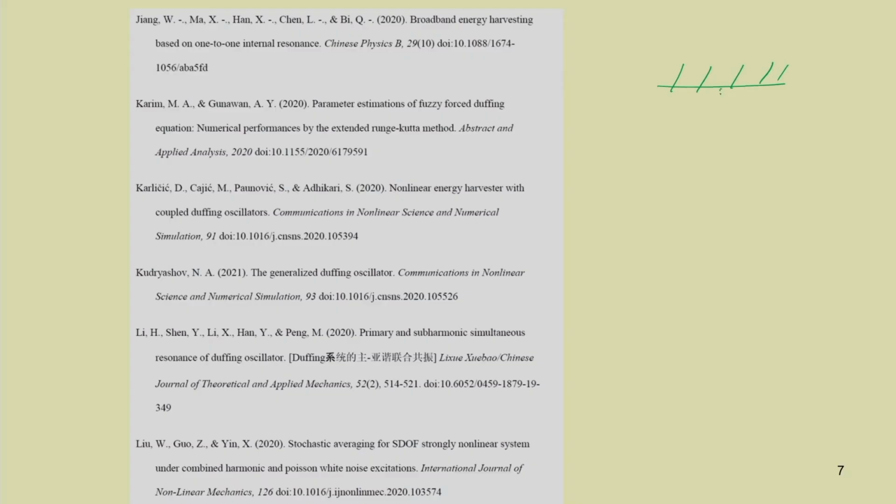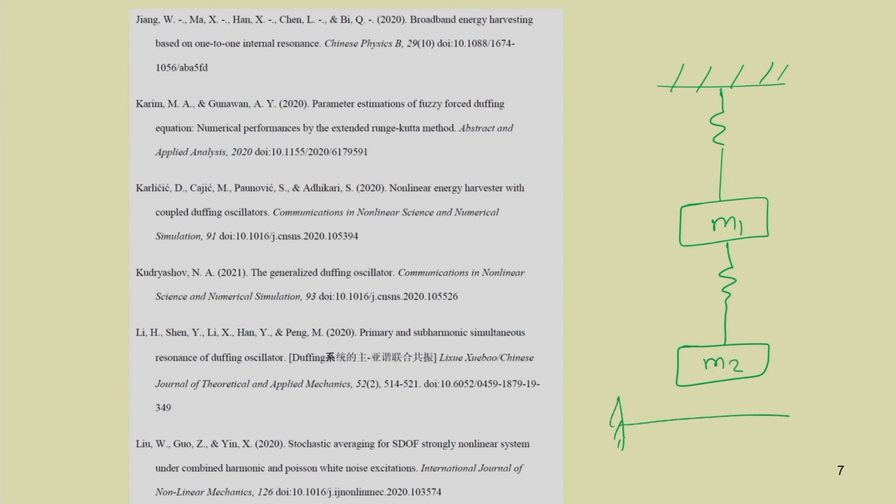Many systems will have this. For example, let me take a 2 degree of freedom system: one spring and mass, and let me take another spring and mass. So, this is M1 and M2. Or let me take a cantilever beam, which is a continuous system.